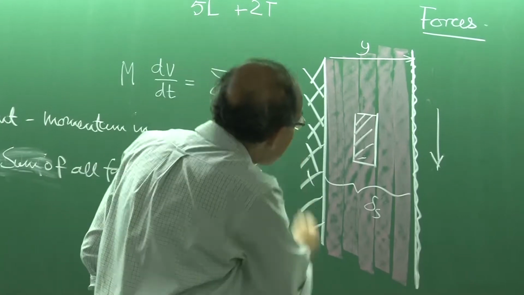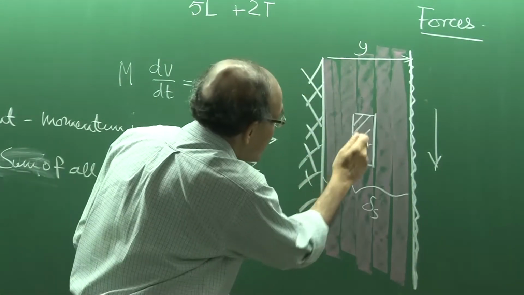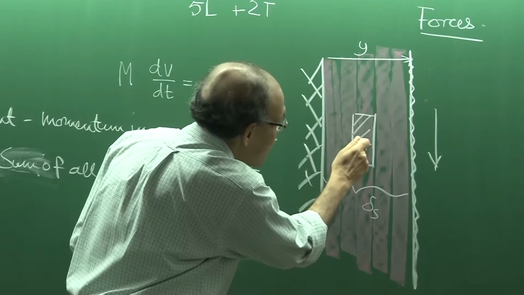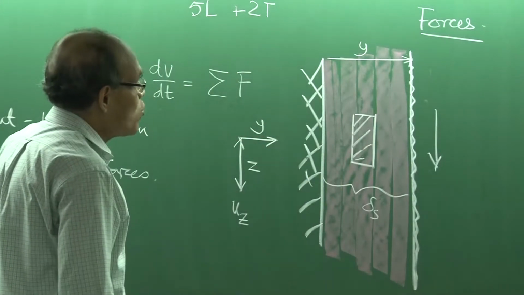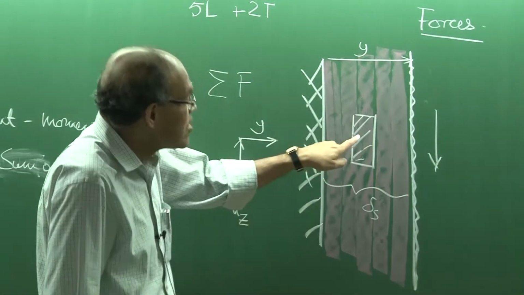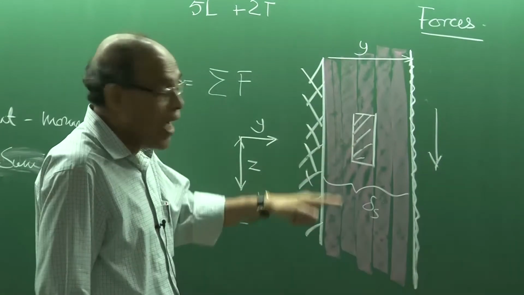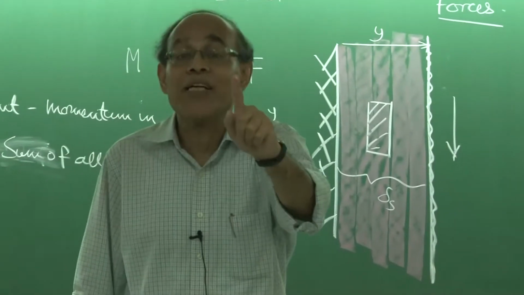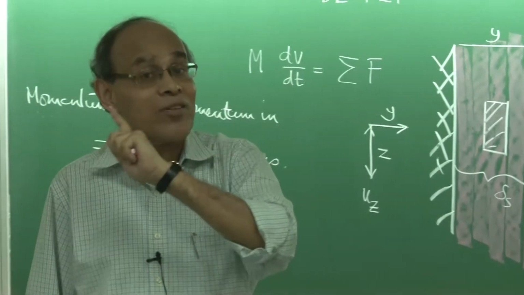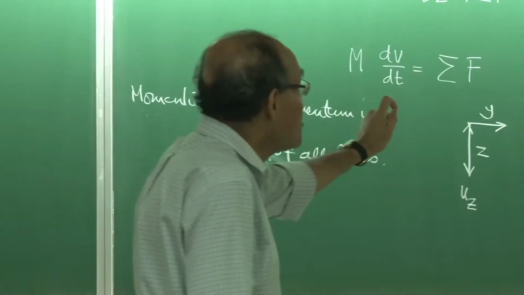So, there is a shearing action as the fluid is moving. It tries to pump momentum into this control volume, and because of the shearing action, some momentum goes into the system, and this momentum we are talking about is x momentum. There is no y momentum in the system, there is no z momentum in the system. It is a unidimensional scenario.